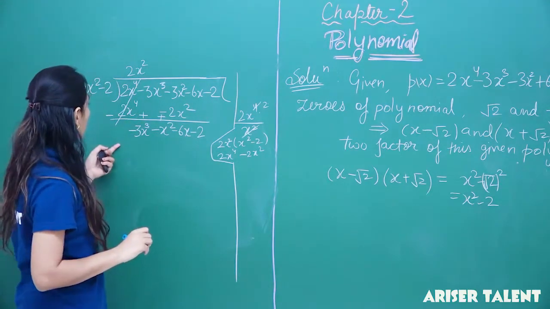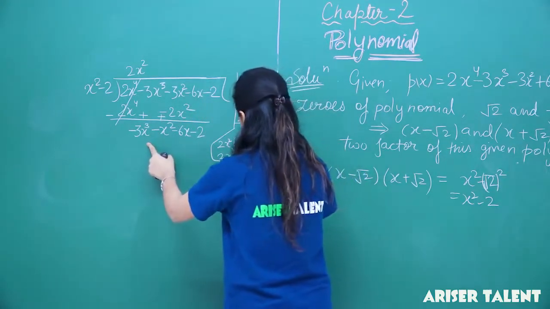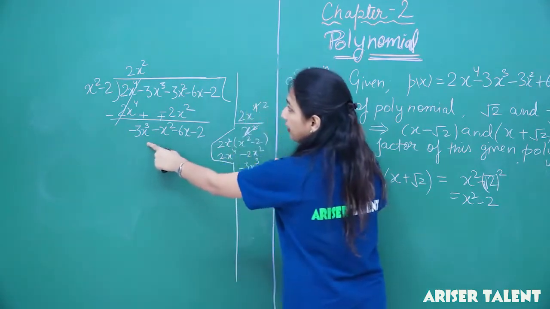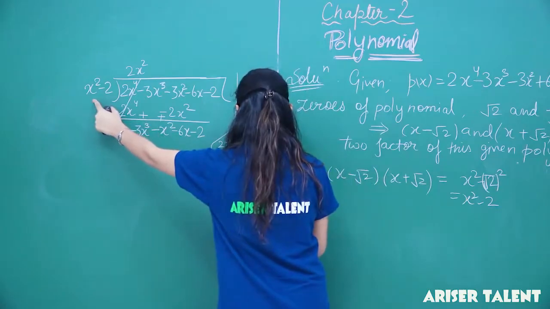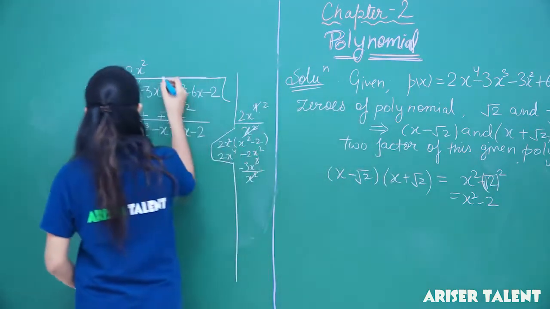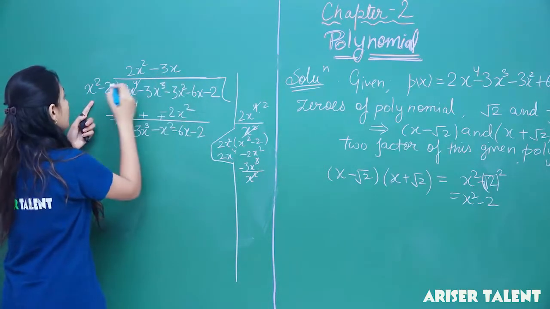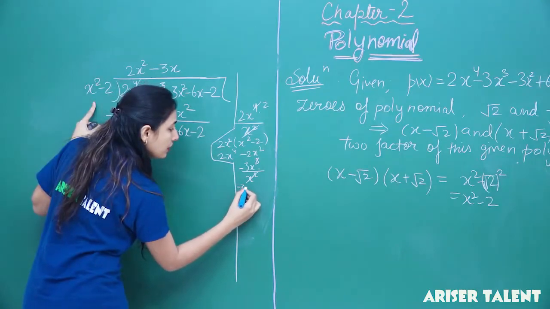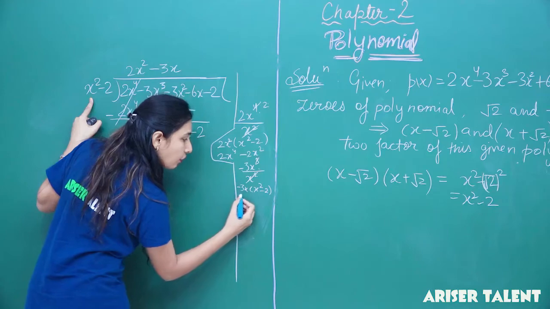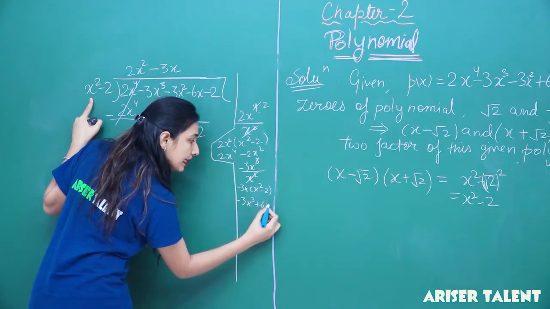Okay. Now the second term is minus of 3x cube divided by x square. That will give you what? Minus of 3x. Now multiply this by x square minus 2, minus 3x times x square minus 2. It will give you what? Minus of 3x cube plus of 6x.